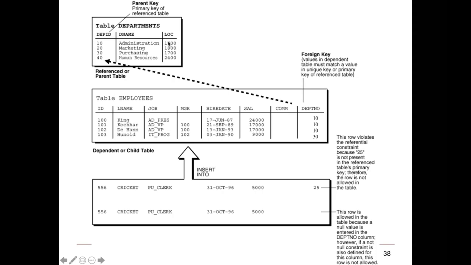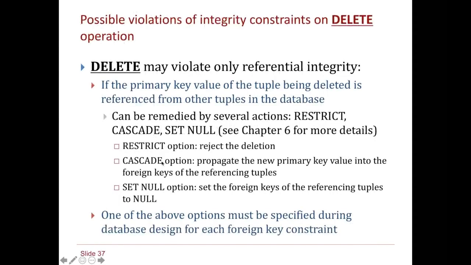If we say cascade, it will delete all the tuples where there are 10. So the first tuple will be deleted, the second will be deleted, and the third tuple will also be deleted. This is what cascade means. The delete operation should be propagated into all the referencing tables.